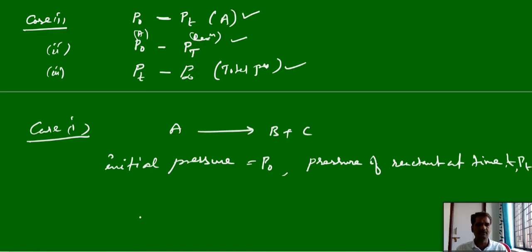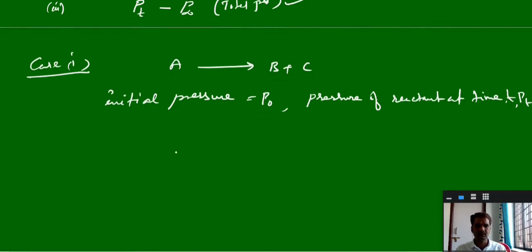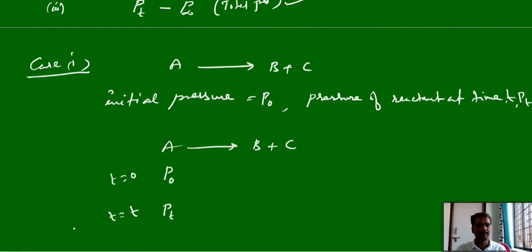Then the integrated rate equation: you can write simply A gives rise to B plus C. The formula generally you can convert into the initial concentration A minus X, or like this. Initial pressure we have P naught at t equal to 0, at t equal to t directly they give Pt, the initial pressure and the pressure at a time t.